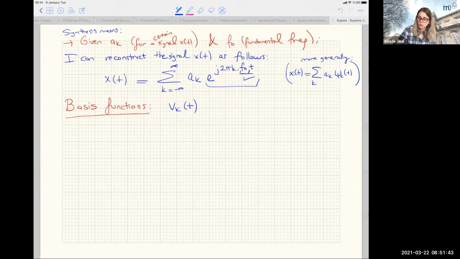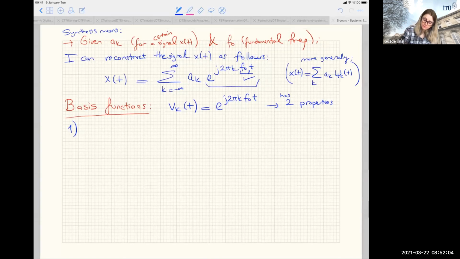This is, of course, the specific basis function, the Fourier basis, e to the j 2 pi k f0 t. These basis functions have two important properties. One is the zero integral property. Second is the orthogonality property.